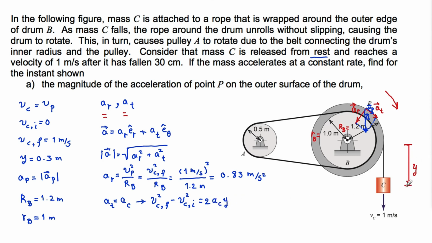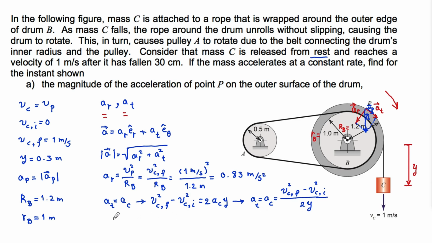This y is 0.3 meters. So AT is equal to AC, which is VCF squared minus VCI squared over 2y.